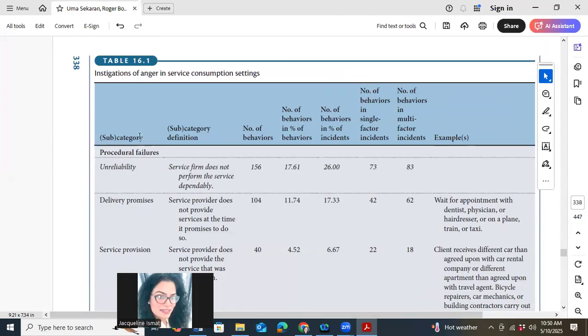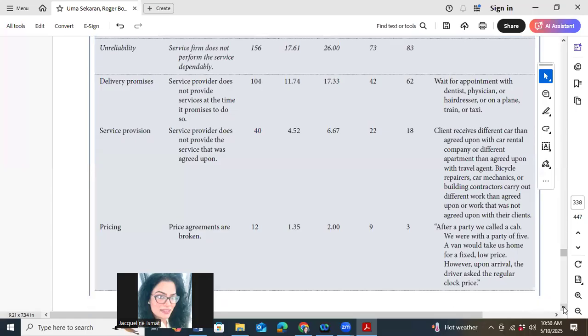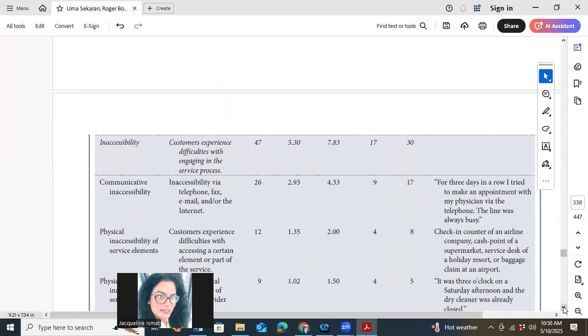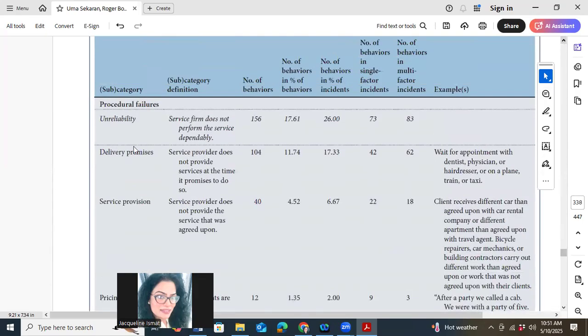So subcategories: we have ability, propositions, reliability is a major category. Then we have subcategories: delivery promise, service provision. We have these categories of products, and reliability.